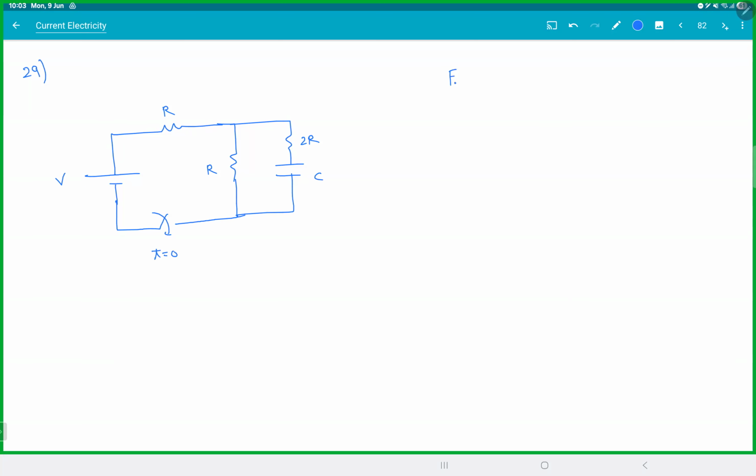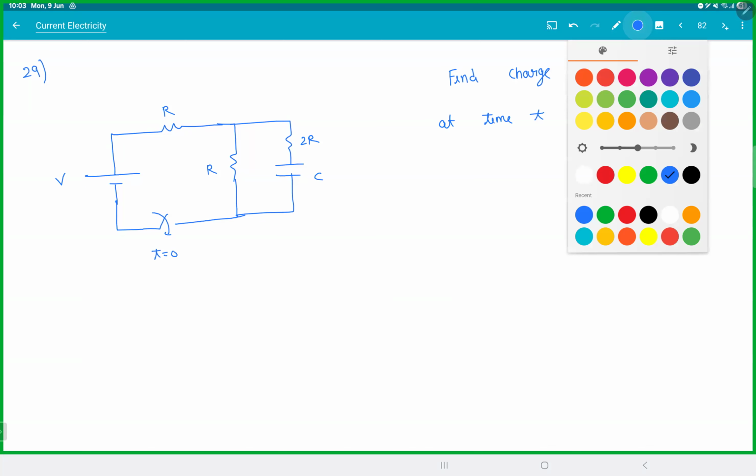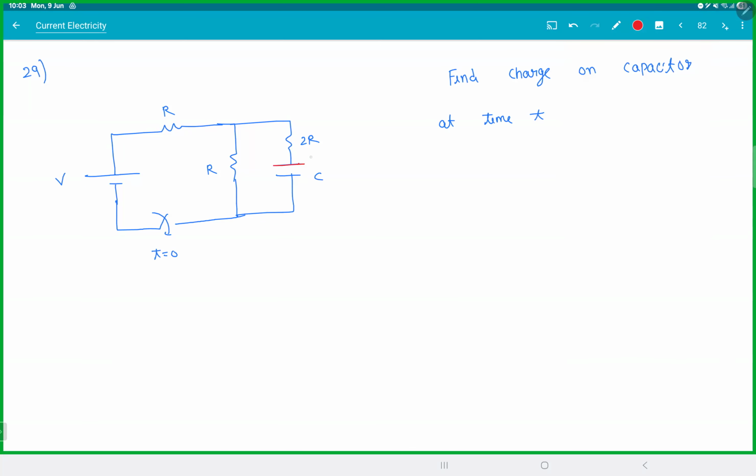Find the charge on the capacitor at time t. Let's get this. Right, I'll give 3-4 minutes. I'll give 2 minutes, then I'll show you the circuit.